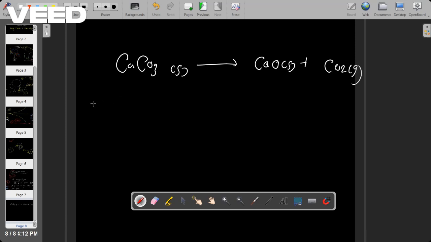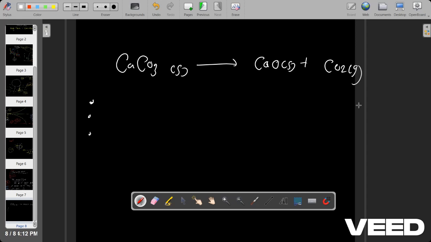Explain in 3 lines. Be careful now. Look at the states, reactants and products.